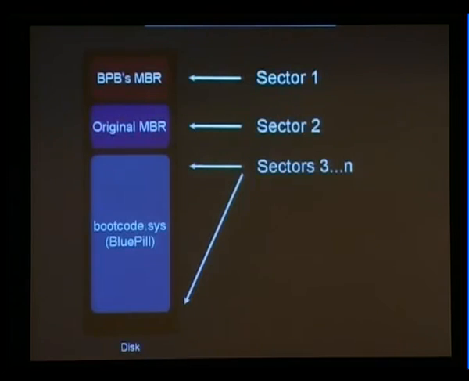This is the disk layout of the Bluepill boot infected disk drive. It overrides the MBR, and it stores the original MBR on sector number 2, just right after the first sector, and it fills the next 20 sectors with the main Bluepill code.